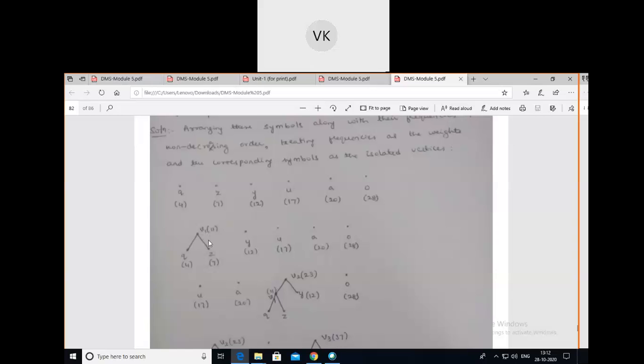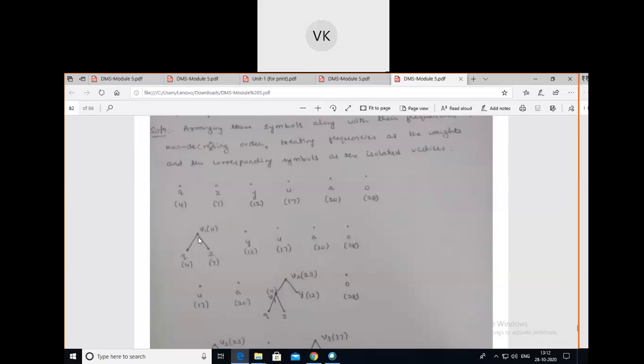So again you do the same procedure of comparing all the weights among themselves and selecting the two weights which are the least. Here you see V1, Y, U, A, O. Comparing V1, Y, U, A, O, which two nodes are having the least weights: 11, 12, 17, 20, 28.